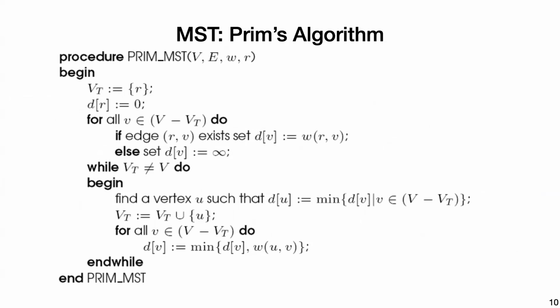And then for all the vertices that are not currently in the MST, if that edge exists from the vertex that we added to some other new vertex outside the MST, then we set the distance as the weight between that vertex that we added and the thing outside. Otherwise it's not connected by one hop, so it would be infinity.